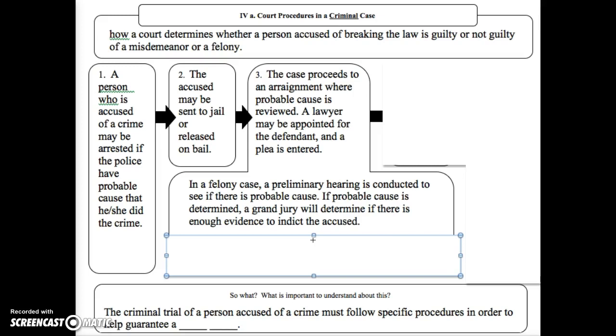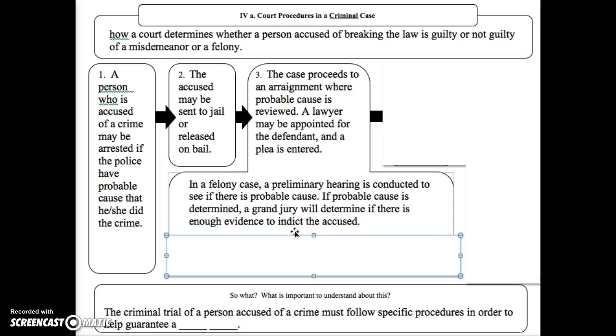Now, if there's probable cause determined, a grand jury will meet and determine if there's enough evidence to indict the accused person. Please fill in the words felony, hearing, evidence, and indict.